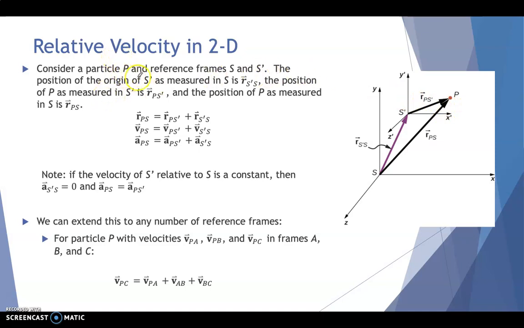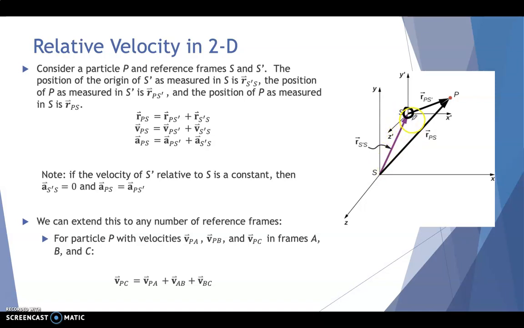The position of the origin of S prime as measured in S is r sub S prime S, so that's this vector here.